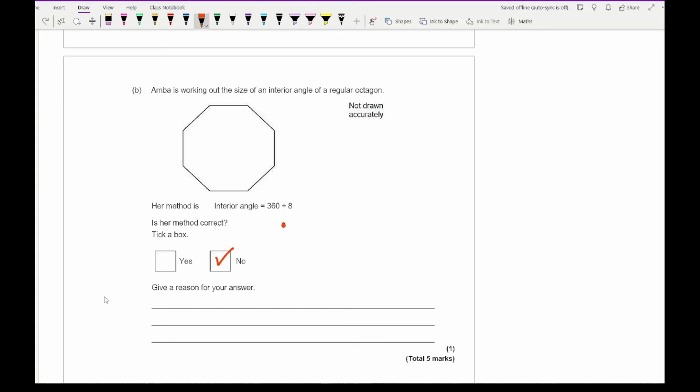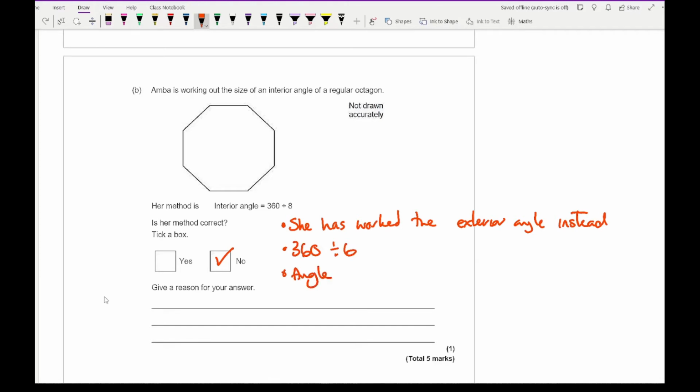And the reason for that is, and you could give any of these, she has worked out the exterior angle, because all exterior angles add up to 360, instead. You could also give a reason of the fact that it should be 360 divided by 6, not 8. And also that the interior angle, I should say, should be 135.